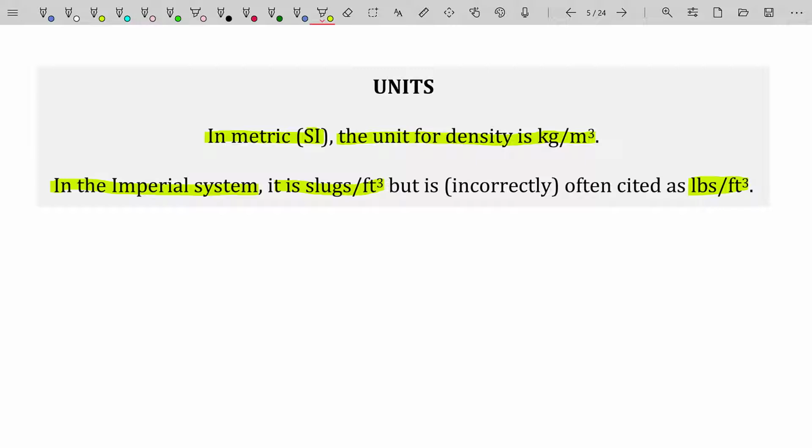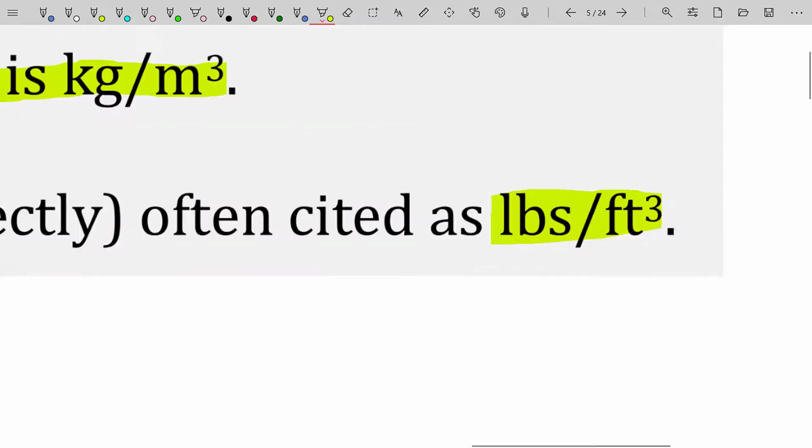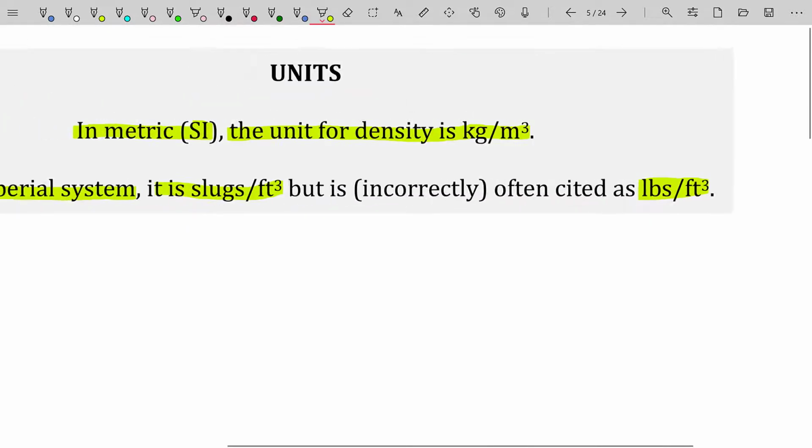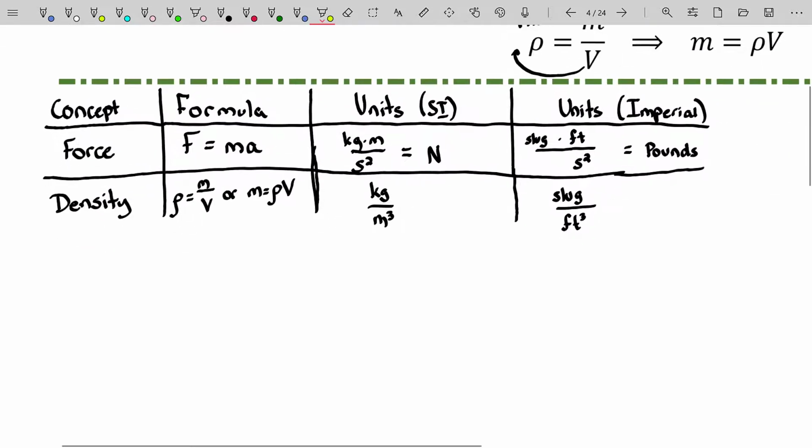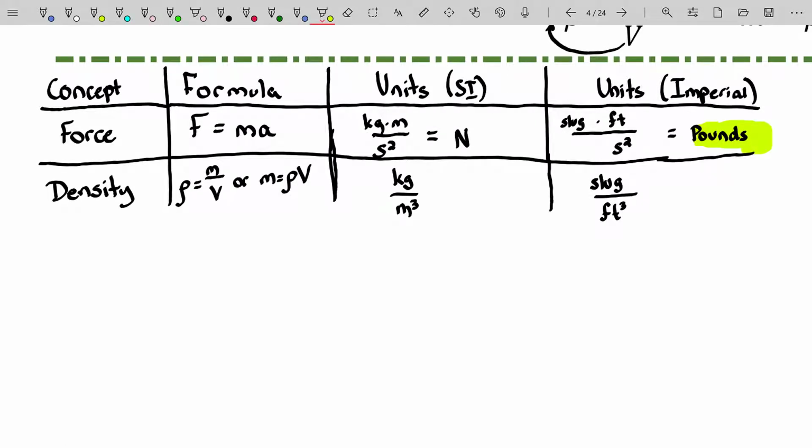Pounds is force in the US system. And so technically, if somebody says it's a certain number of pounds per cubic foot, they're actually wrong. Remember, pounds is a unit of force, not a unit of mass in the US system.